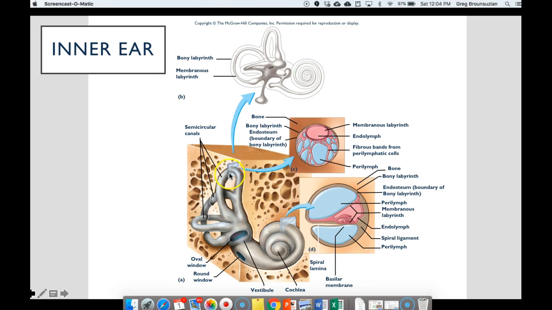Similarly, if we look at the semicircular canal, it just looks like one tunnel, but when we view it in cross section, we see that there is a membranous labyrinth that contains the endolymph, and there are several little pockets here within the bony labyrinth that are consisting of the perilymph in blue.